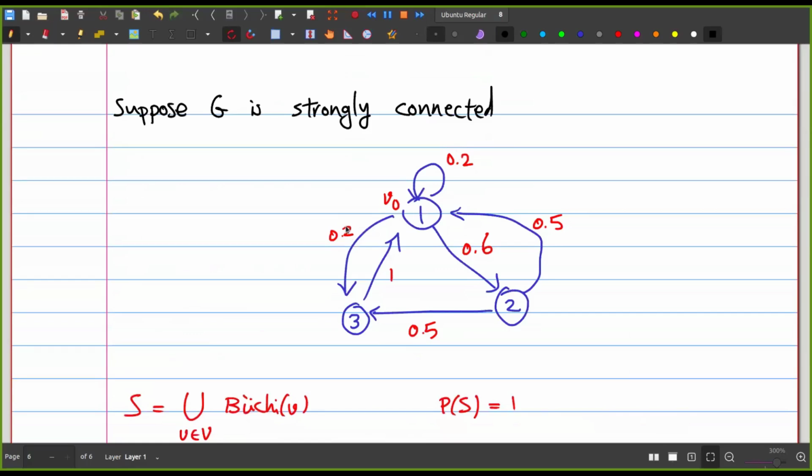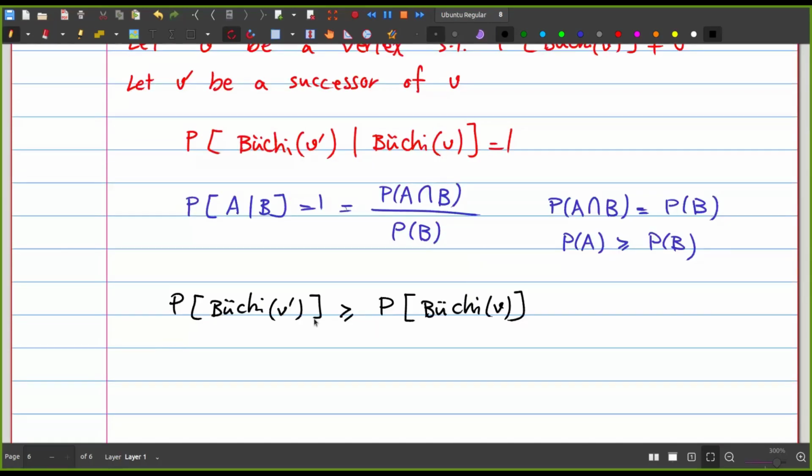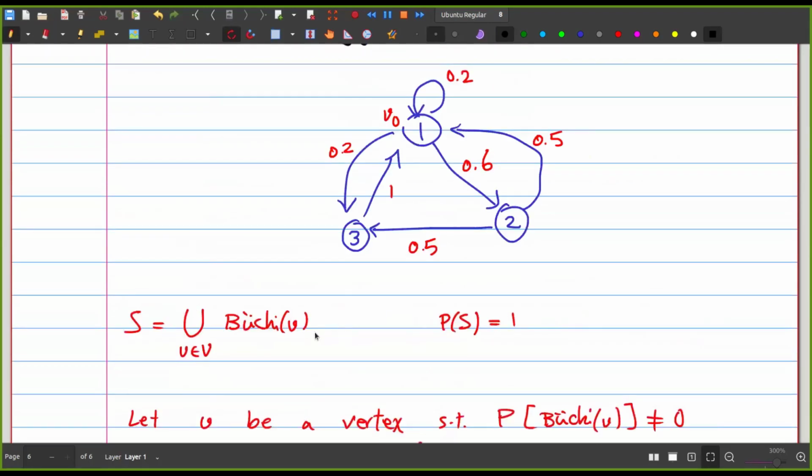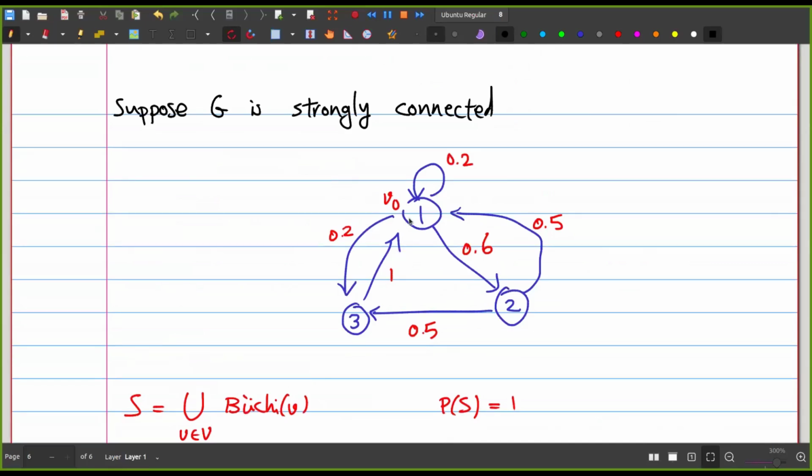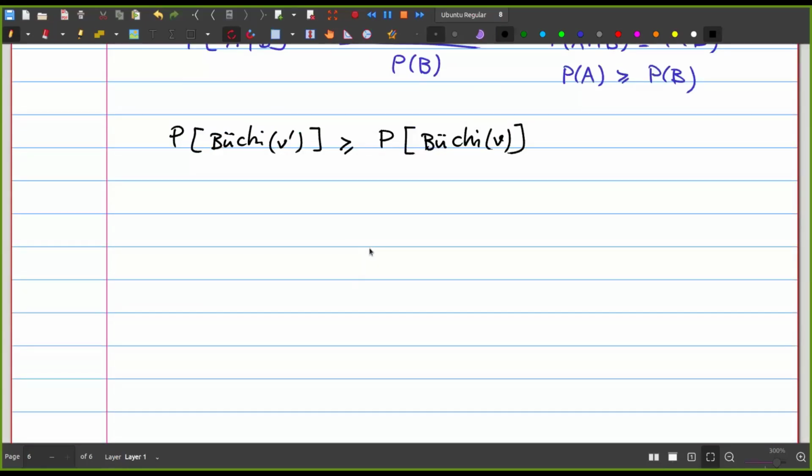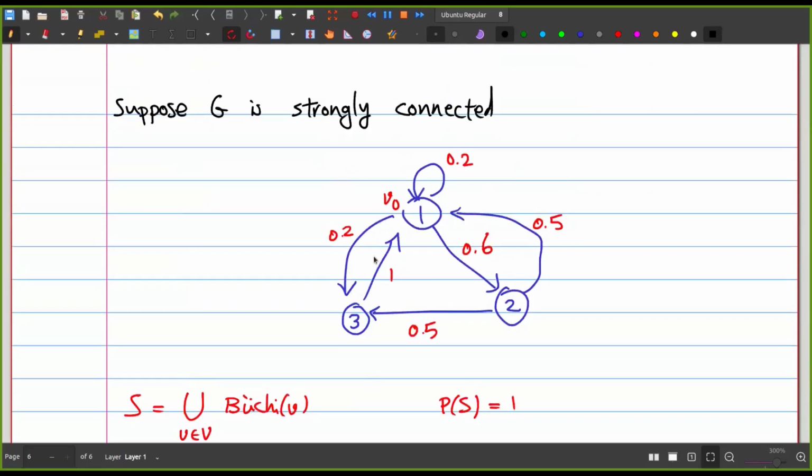I said consider the case where my graph is strongly connected, right? So from every vertex, I have a path to every other vertex. But whenever I have a path, as I'm going from, let's say, 1 to 2 and 2 to 3 and so on, the probability of the Büchi set is increasing. So all of my vertices are going to have the same probability for their Büchi sets, right? And what is that probability? That probability is actually 1.